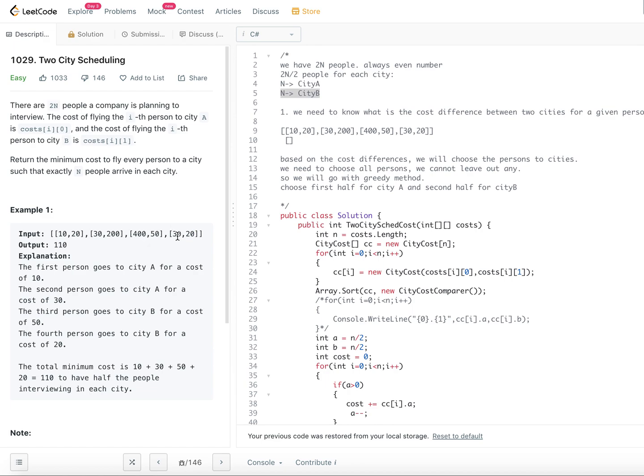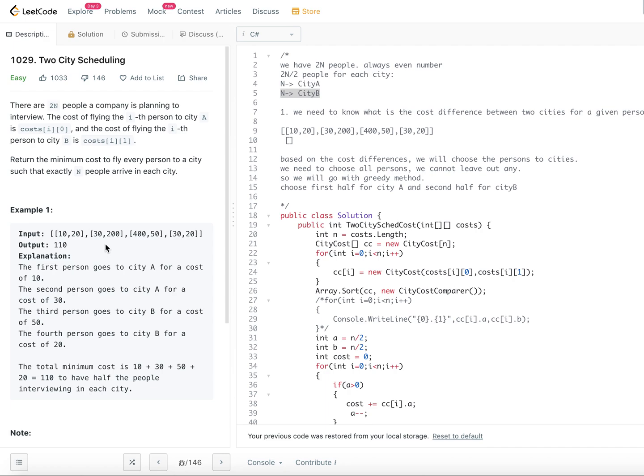It's easy to come up with an answer for the example 1 input, but what if this is 300 instead of 30? What if this is 200 instead of 30, or 100 instead of 10? It's not going to work the same way that example 1 does.